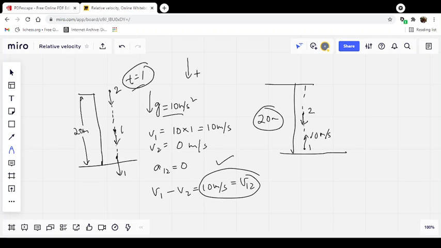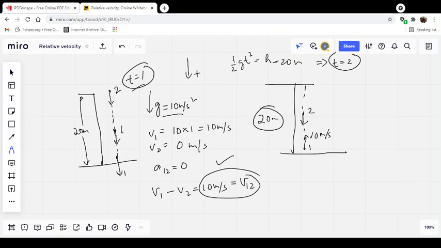So this complete distance is 20 meters. We can say half g t squared, that is the distance covered by a free falling body in time t, is h. That h is 20 meters, and you can guess that the value of time t for this particular calculation would be 2 seconds. So in 2 seconds, the first ball would reach the ground, strike it and bounce off.